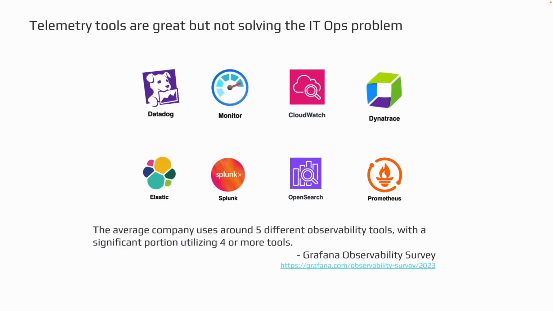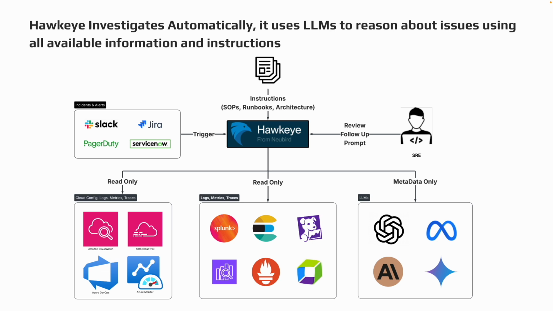And to make this more complicated, you have a diverse set of tools that you have to leverage in order to solve these problems. So rarely do you have all the information all in one place in order to analyze root cause. And so this is where Hawkeye comes in.